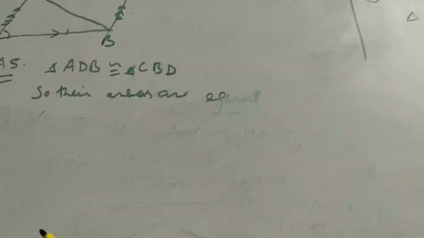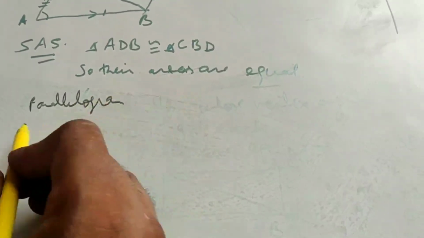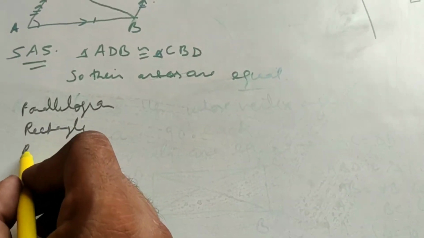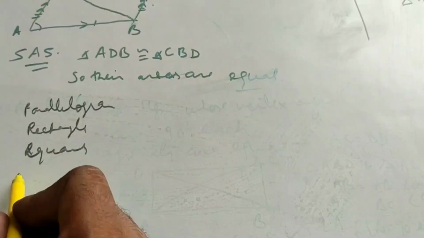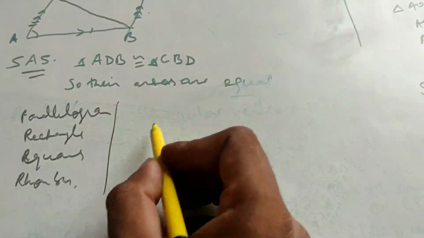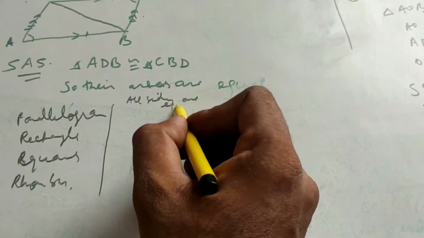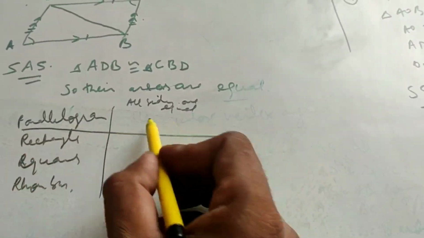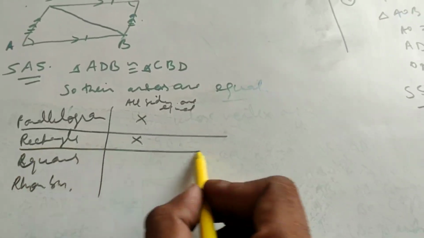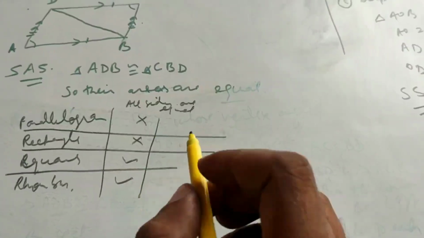To summarize these findings, suppose this is a parallelogram, then the rectangle, then the square, and then the rhombus. First, are all sides equal? In a parallelogram and a rectangle, all sides are not equal, but in a square and a rhombus all sides are equal.